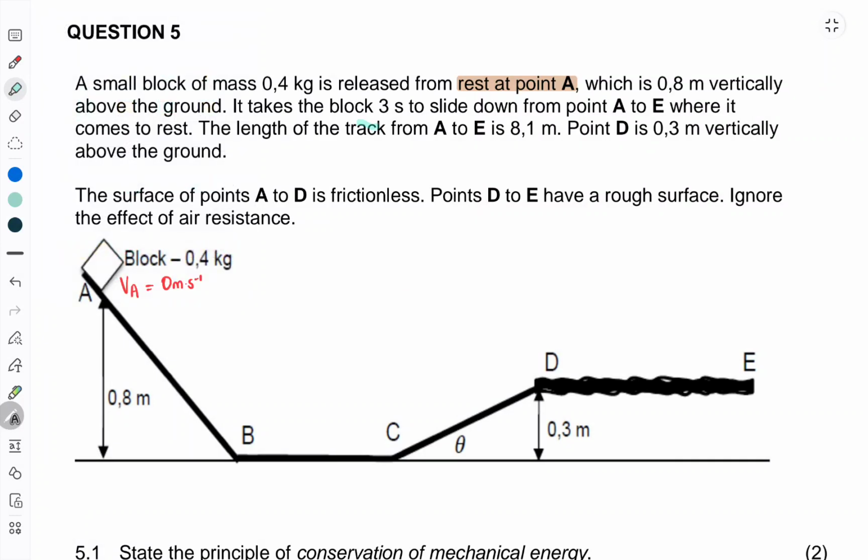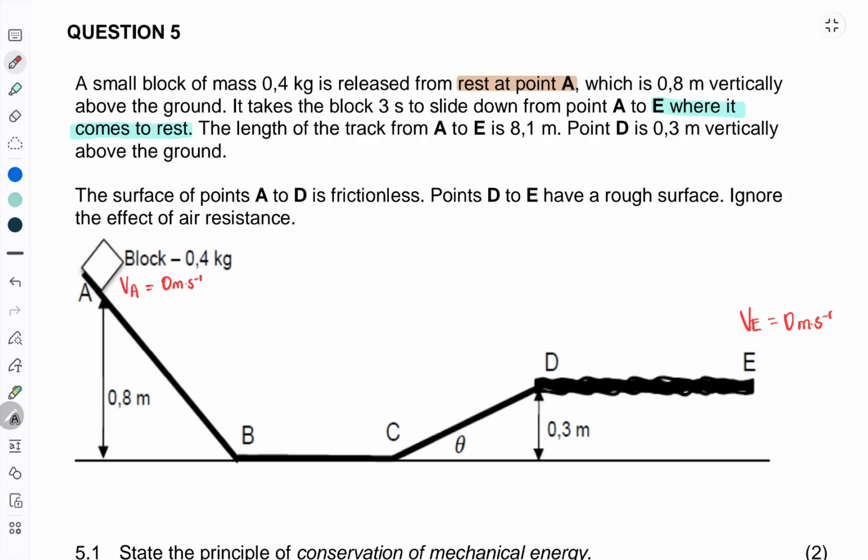We are also told that it slides down from point A, B, C, D, all the way up until E. When it reaches point E, it comes to rest. So the velocity at E, let's call it VE, would have to be 0 meters per second. The keyword there is rest.